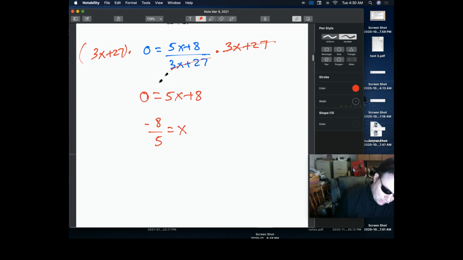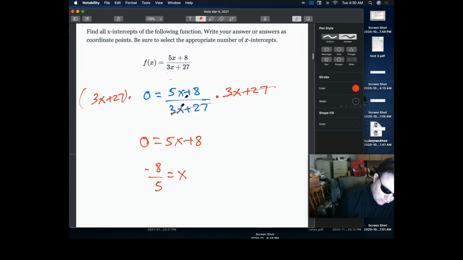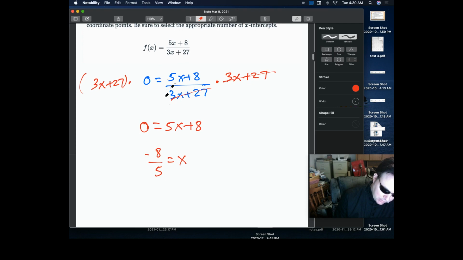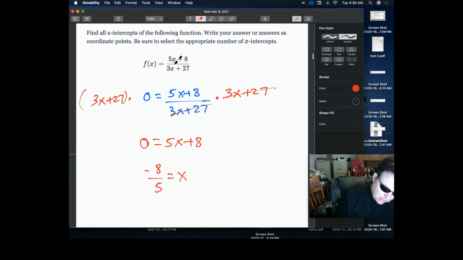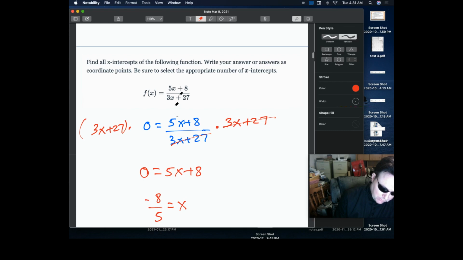So what the instructor said in class is that you don't actually have to do this first step. You can jump straight to setting the numerator equal to 0, insofar as nothing divides out. And you can see 5 and 8, there's no way that that's going to work with 3 and 27. But you do want to see if things do cancel out, right?